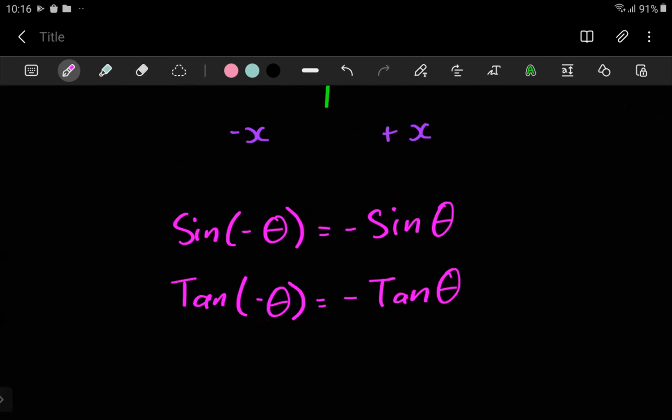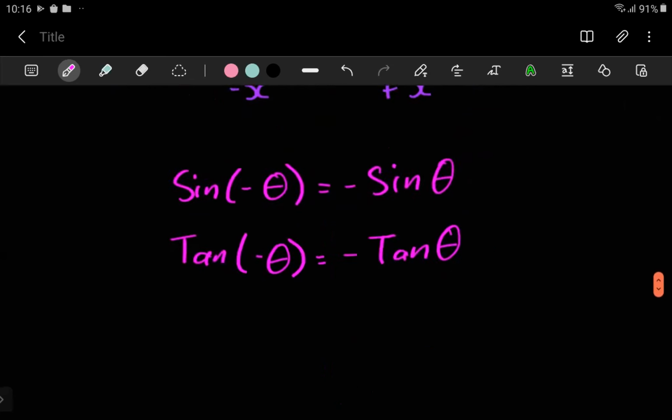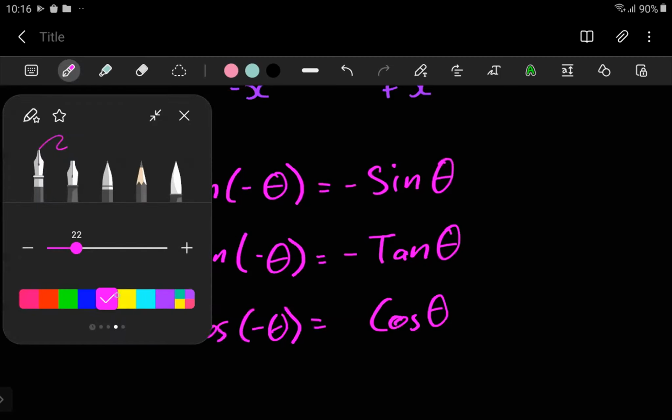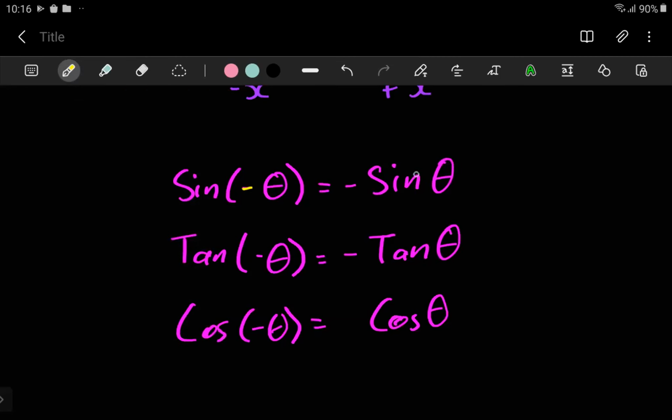That's for sine and tan. But for cos, as we said, it's only cos where a minus here won't affect this. For the others, they will get affected. The minus here means there's a minus out there. But a minus here does not mean there's a minus there. Does that make sense? That makes sense.